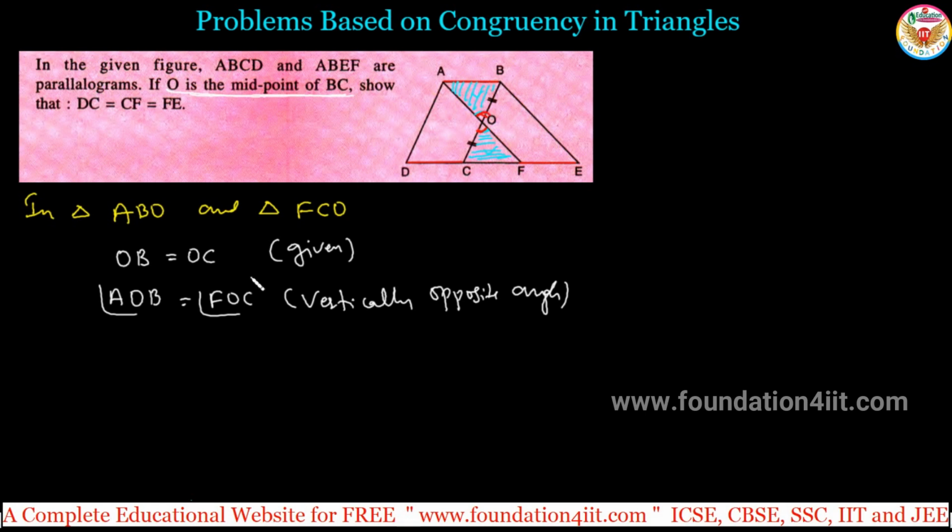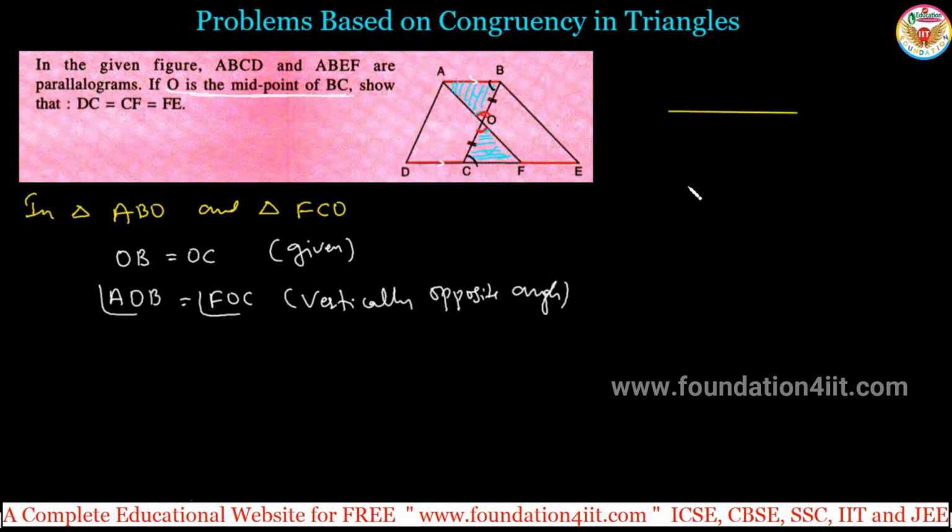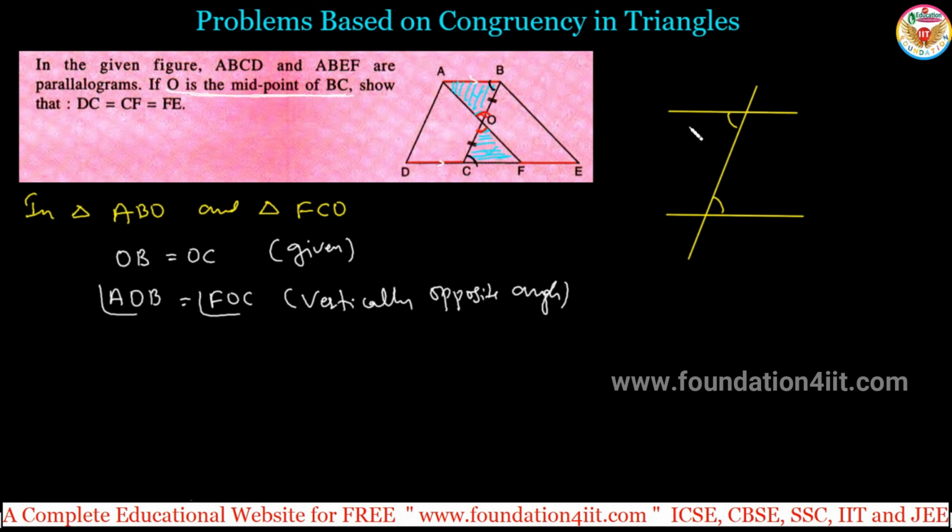Then alternate angles. Already we know these two lines are parallel, right? AB is parallel to DC. These two lines are parallel, and BC is the transversal. Use the rule here: if two lines are parallel and a line is a transversal, alternate angles are equal.